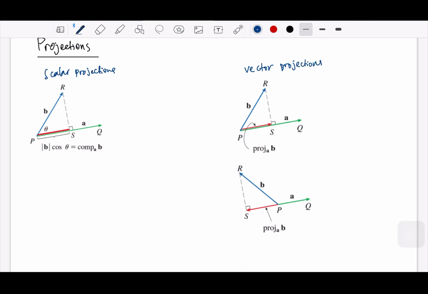So we can project a vector onto another vector as a scalar or as another vector.